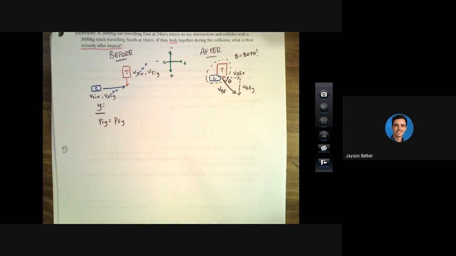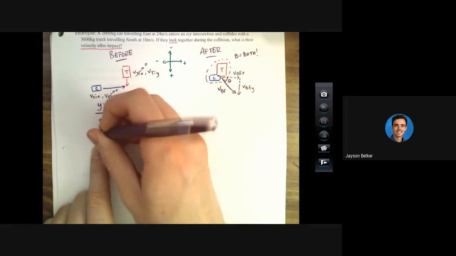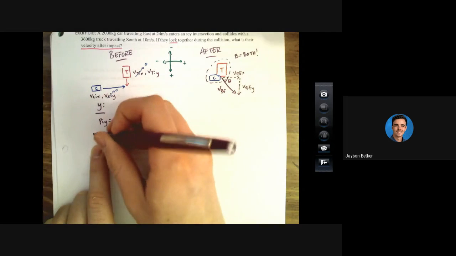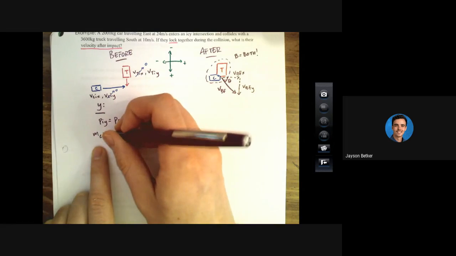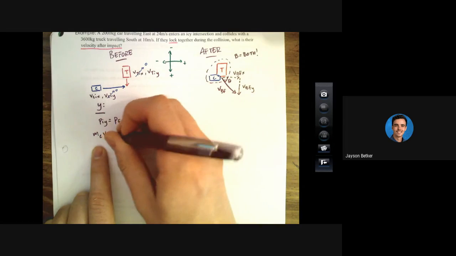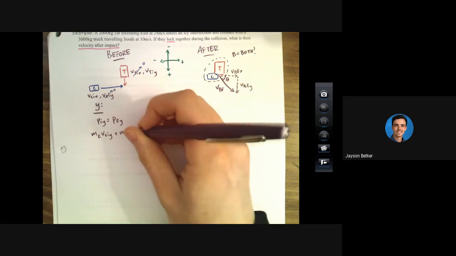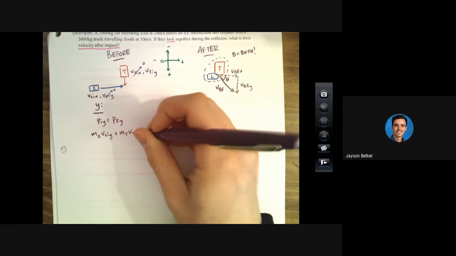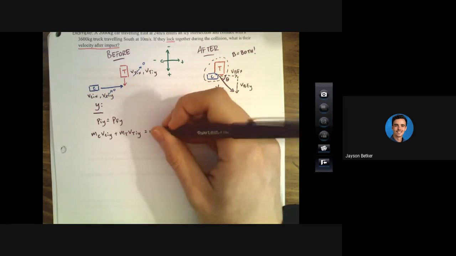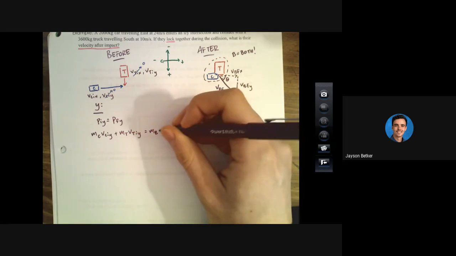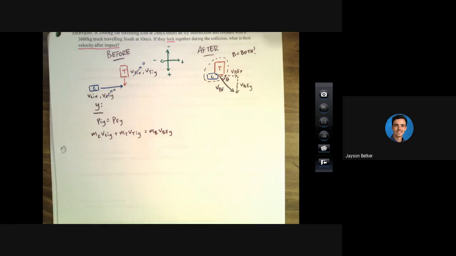So when I go about adding up, this is my total momentum. So I've got the momentum of the car, which is the mass of the car multiplied by the velocity of the car initially in the y direction, plus the mass of the truck multiplied by the velocity of the truck initially in the y direction is going to be equal to the mass of both of them multiplied by the velocity of both of them finally in the y direction.